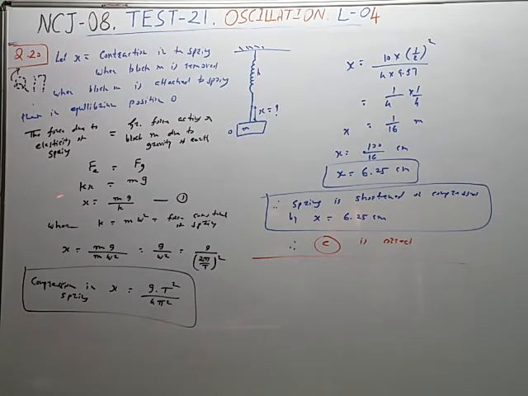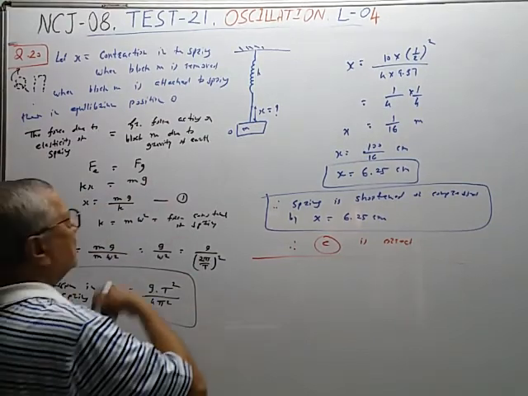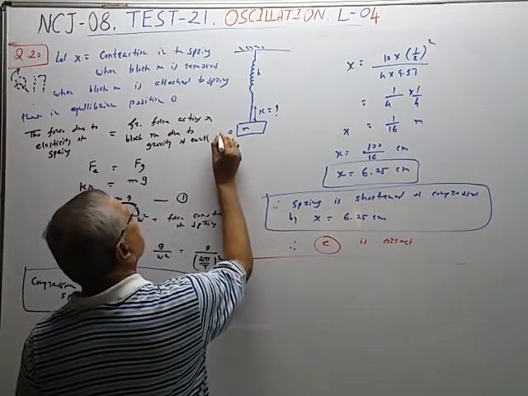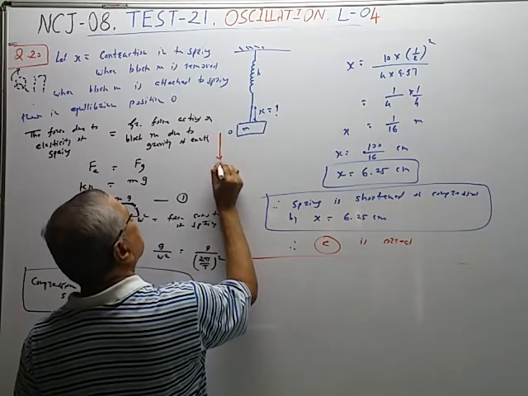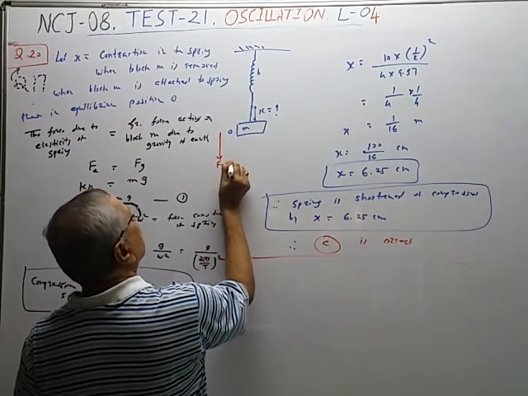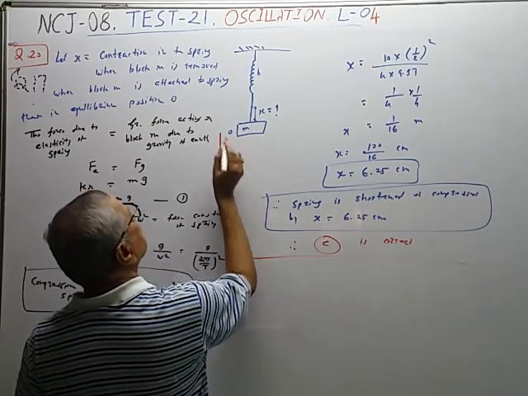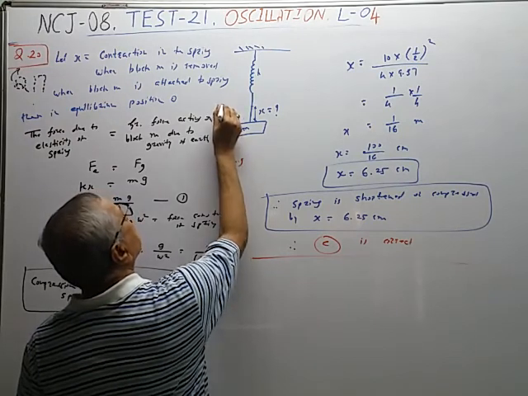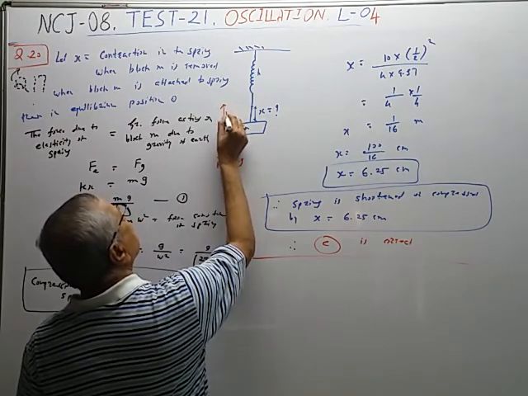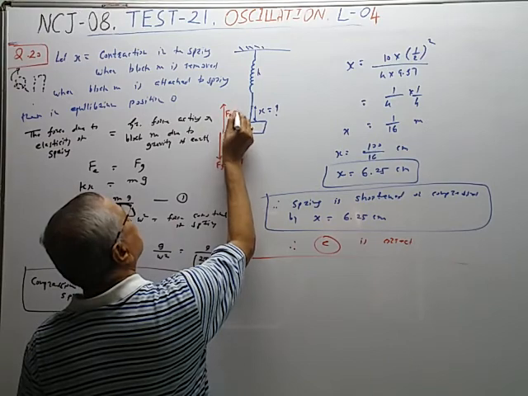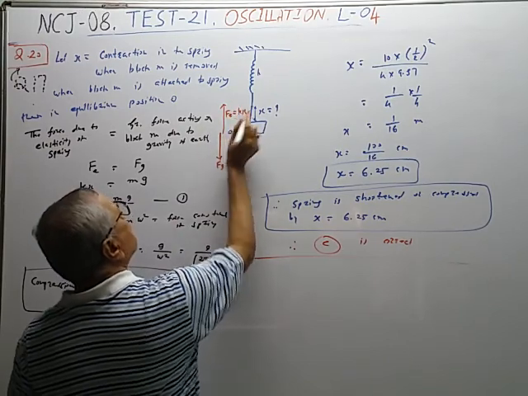So this force due to the elasticity in equilibrium position is equal to gravitational force acting on the block. So Fe and Mg, they are equal in magnitude and opposite in direction like this. So we can show the forces like this. This is the Fg is equal to mass multiplied by gravitational acceleration, and this is the Fe, the force due to the elasticity of the spring. It is also called the restoring force in magnitude.